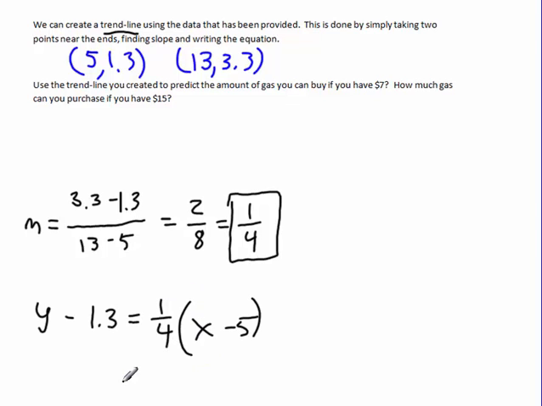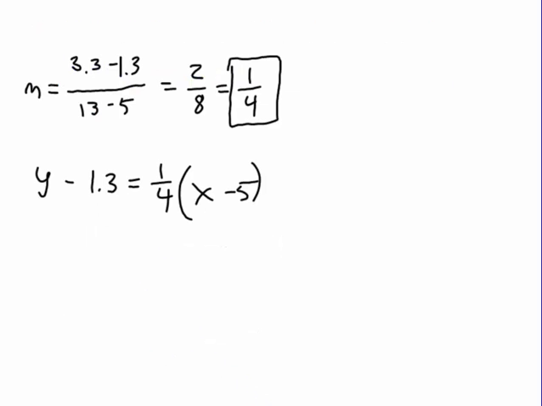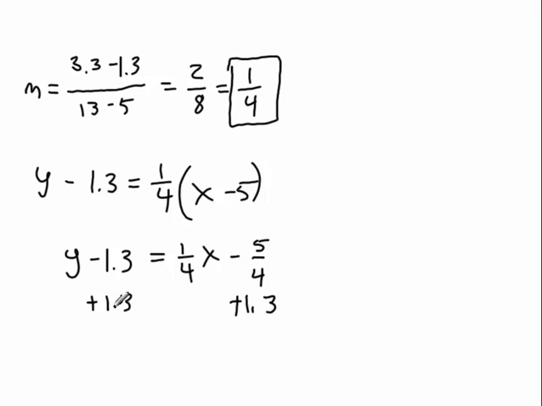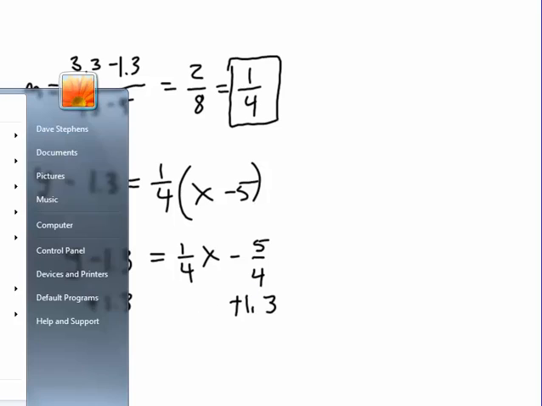And we've done this a bunch so far. So now we can distribute the 1/4 over. So we get y minus 1.3 equals 1/4 x minus 5/4. And now we add 1.3 to both sides, plus 1.3. And I'm going to need a calculator. All right.